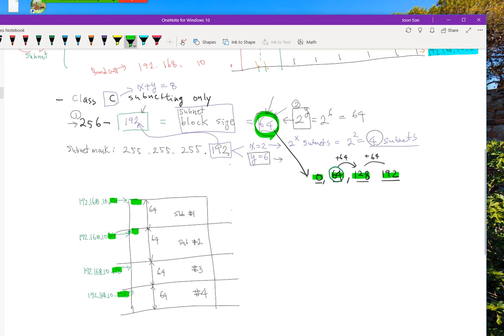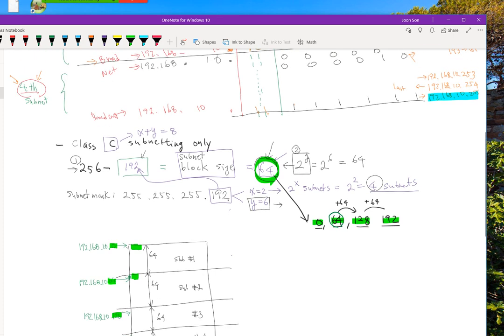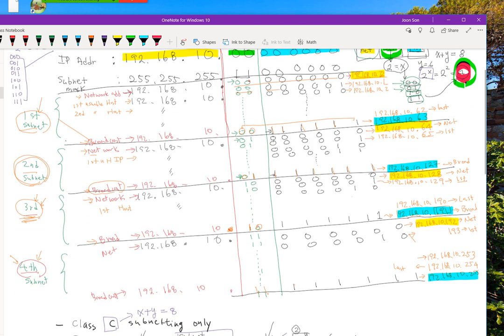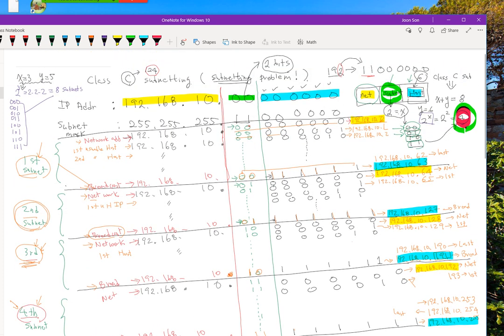Compare this solution, method B, with the earlier one. But method A is very important for you to know, if you want to ace the interview questions.